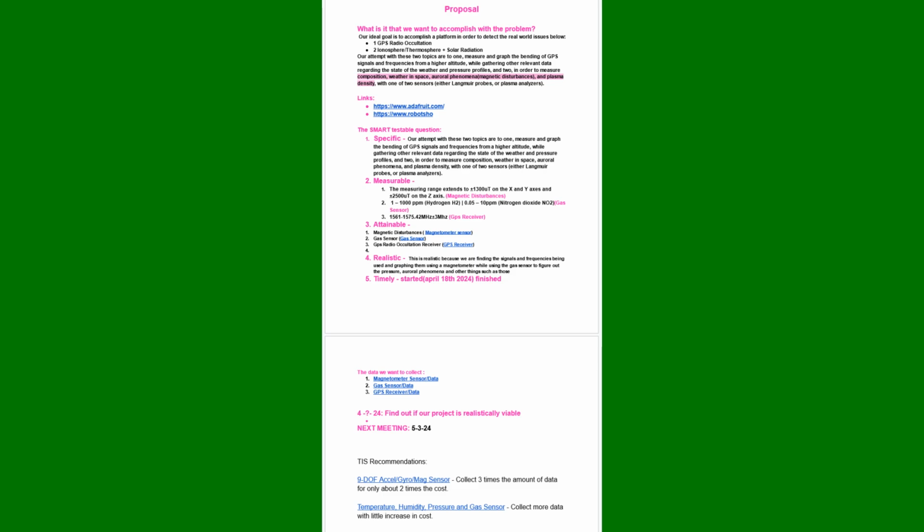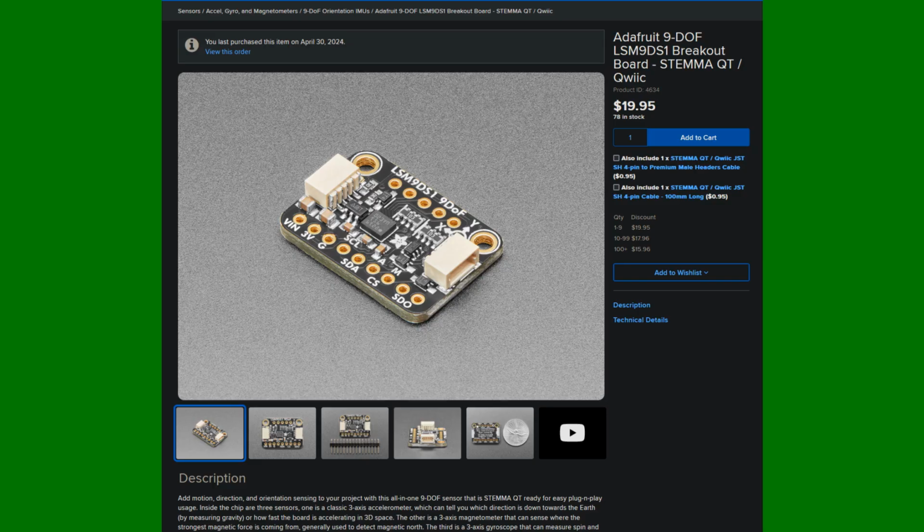So you have a magnetometer on here, which is just three axes. So you have your X, Y, and Z axis that the magnetometer could detect. I found this sensor from Adafruit that is actually 9 axes. So you have 3 axes for 3 different types of sensing. You have an accelerometer, a gyroscope, and a magnetometer.